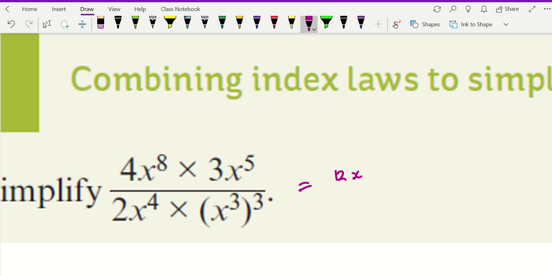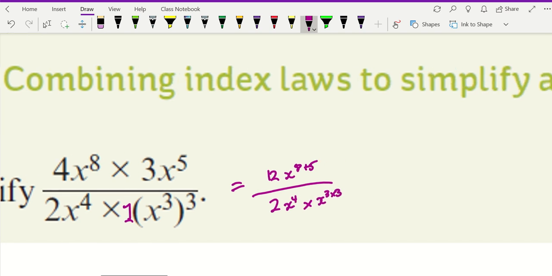Well, that's 8 plus 5. And then let's do this. Now, remember, if you don't see any number in front of a pronumeral, it's just a 1. So 2 times 1 is 2. Now, x to the power of 4. Now, this is, remember, x to the power of 3 times 3.